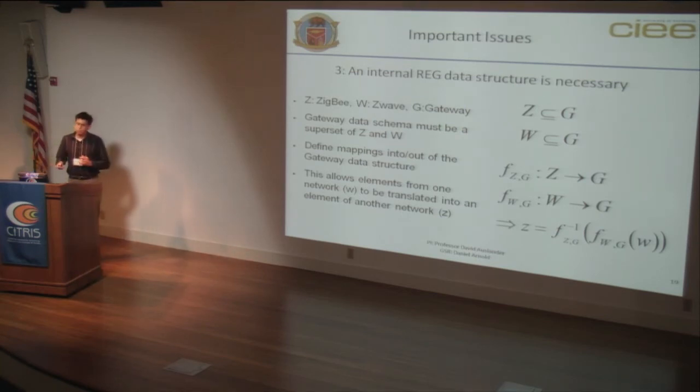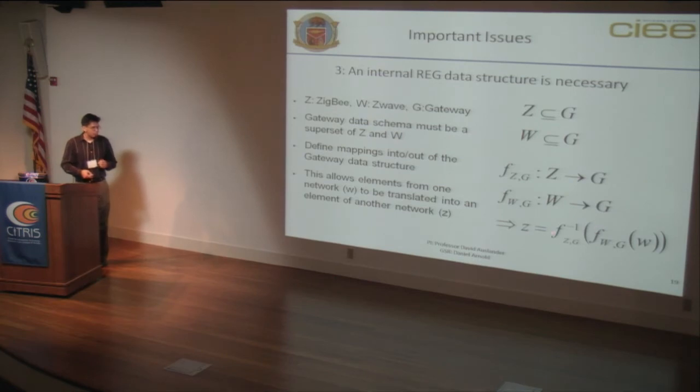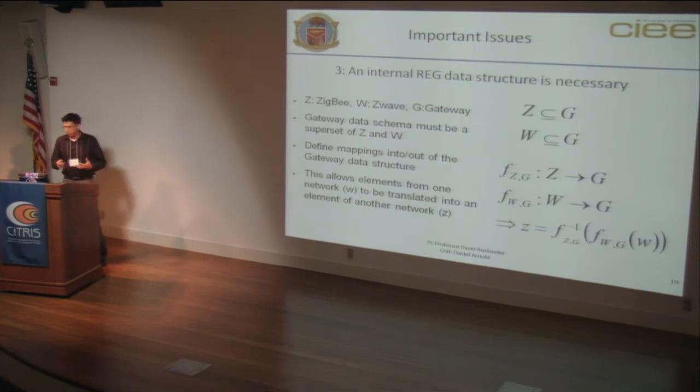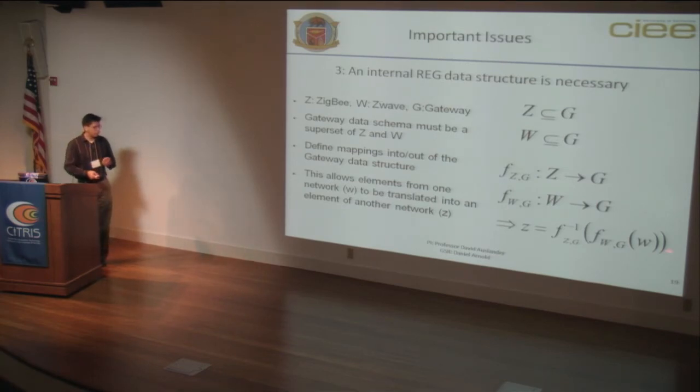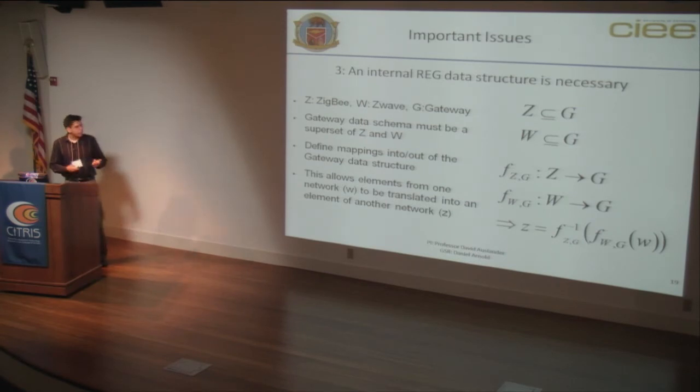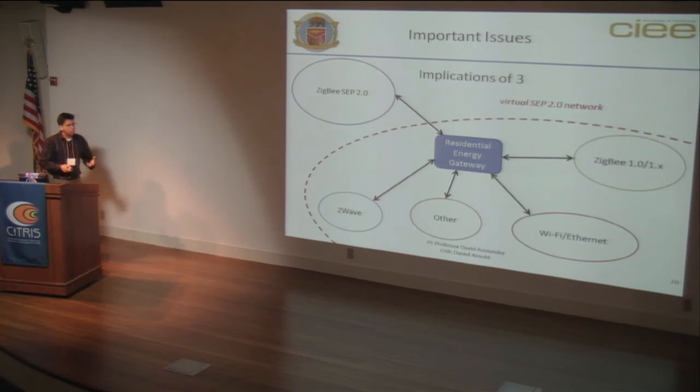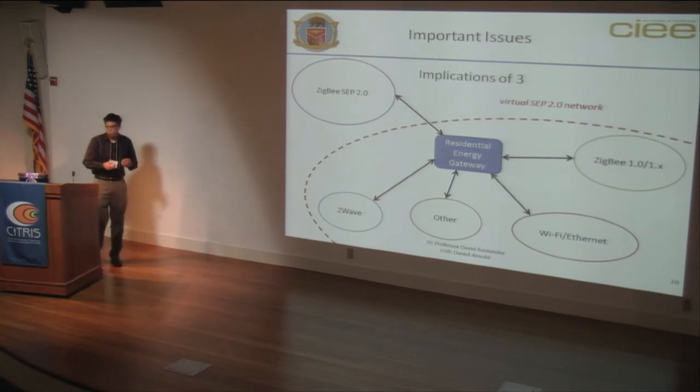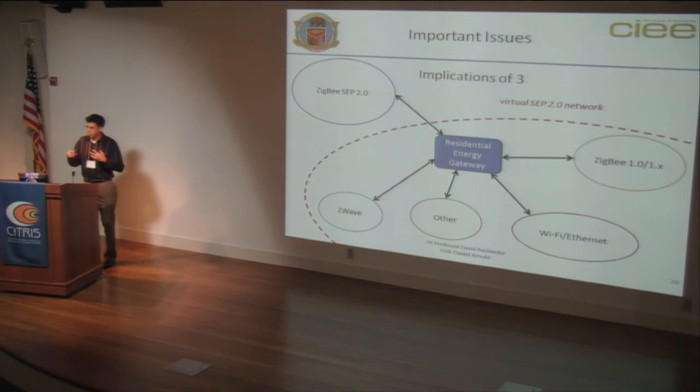An interesting side effect of this is that now we can invert one of these mappings, and we now have the ability to map signals or information from one standard, an element of Z-Wave, into another standard, an element of ZigBee. What this really means is that some device from a ZigBee SEP 2.0 network could now perhaps view the rest of the home area network as a virtualized SEP 2.0 network.